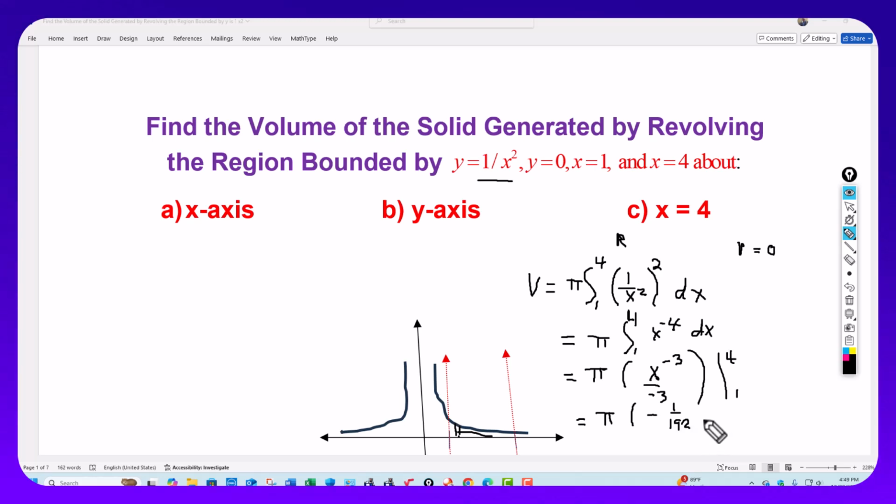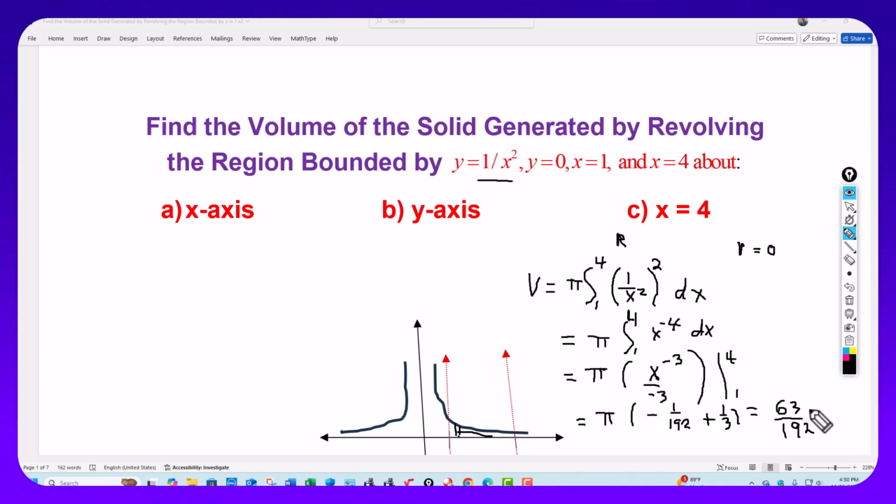And then we plug in 1. So this would be 1 to the negative 3, still 1. And you're subtracting that. So that's plus 1/3. On your common denominator here, multiply by 64 and 64. So it'll be 64 over 192, and then a negative 1 gives you 63 over 192.